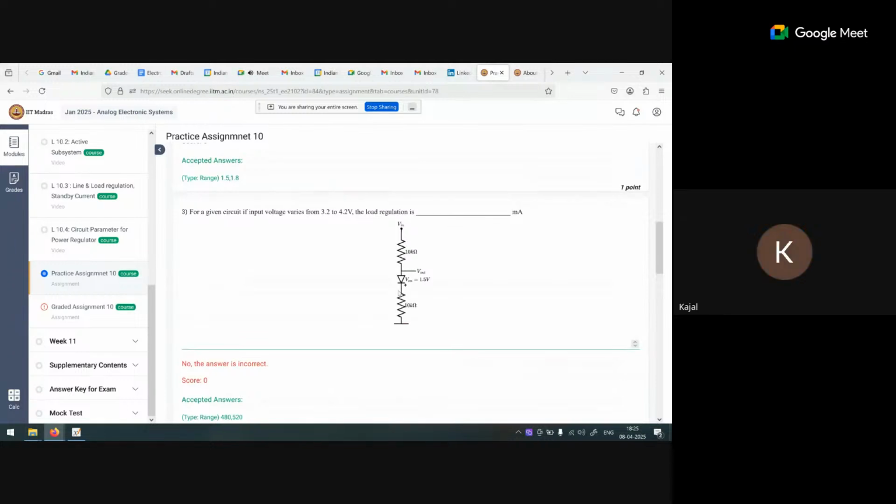Yes, sir. Now, what is the load regulation? Sir, the change of V out when I load is 0 and I load is maximum. Okay.